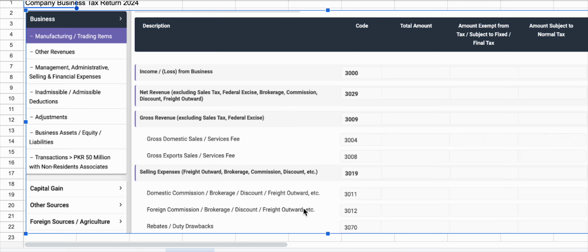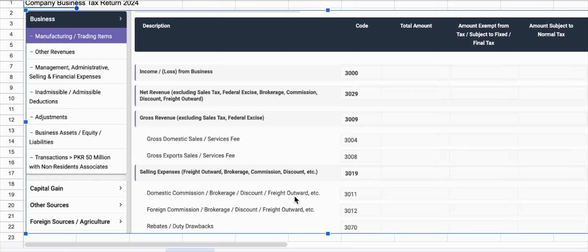Those will come here because you can exactly connect them with the number of units you sold. Similarly, all those brokerages directly connected with your sales, and discounts, meaning trade discounts, and freight outward, meaning the delivery charges you paid to deliver the goods or services to your customers.